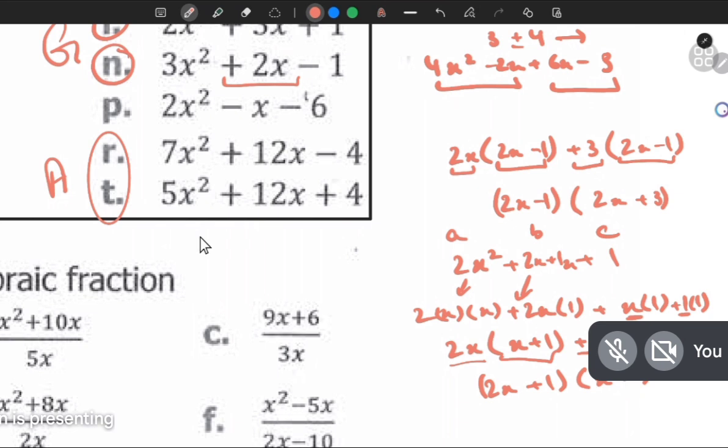So if you add one and three, you get four. So what you were supposed to do is 3x square plus 3x minus 1x minus 1. Then you take 3x common.